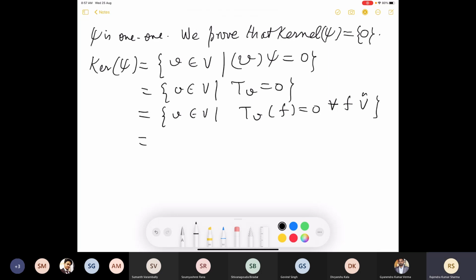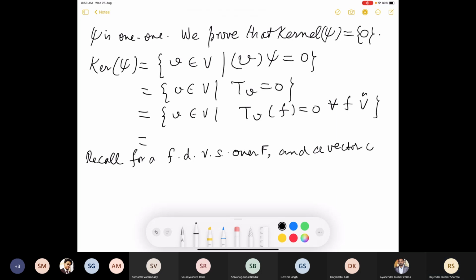Okay. Now what we have proved is that for a finite dimensional vector space over F and a vector V which is not 0 in V, there exists a linear functional f in V hat such that f of V is not 0.